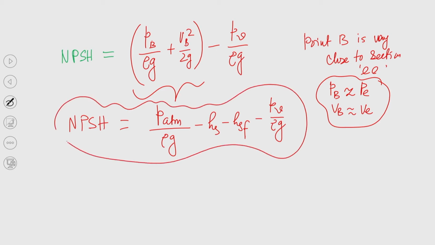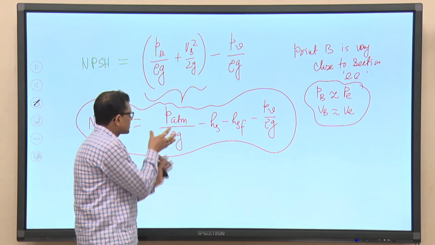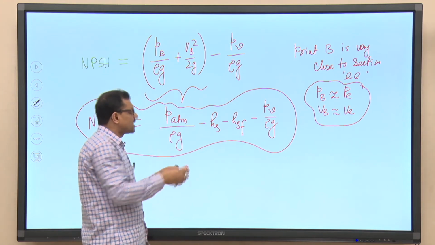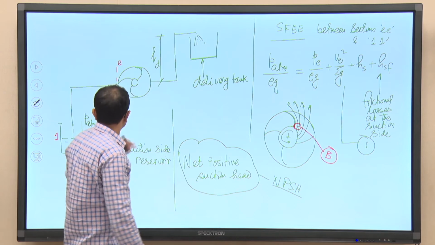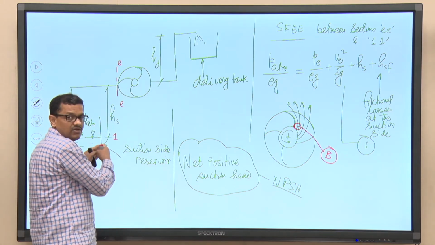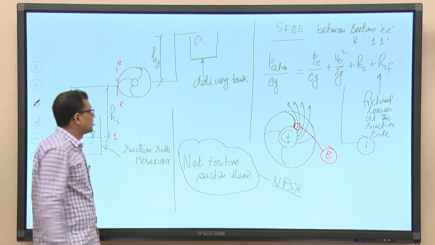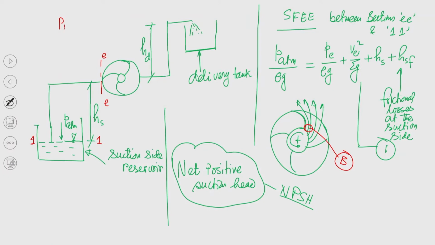Now, I will try to discuss a few important things. You can understand, the pump is drawing water from a tank which is located Hs distance below the pump datum. Again, I am writing, the pump datum is the impeller axis.